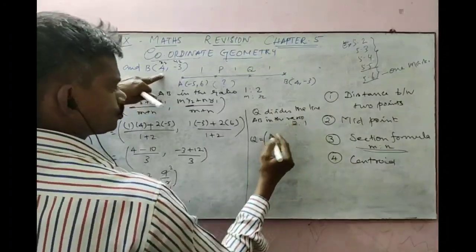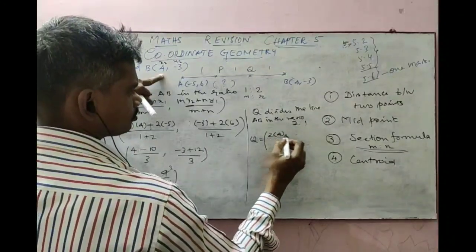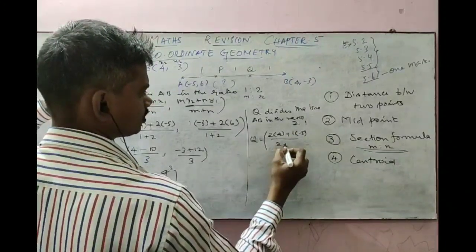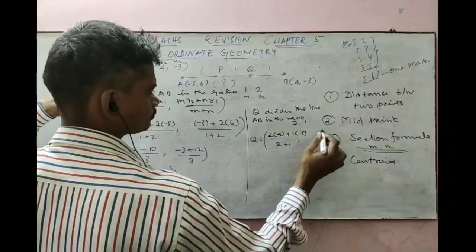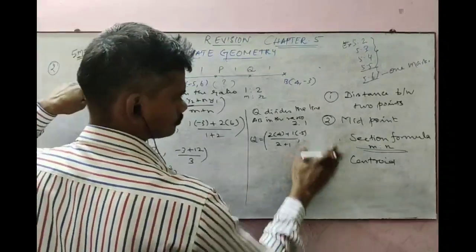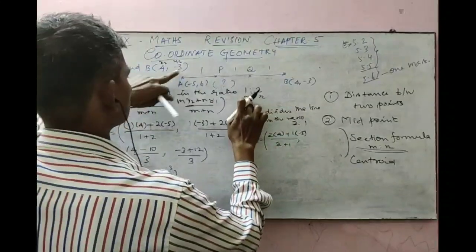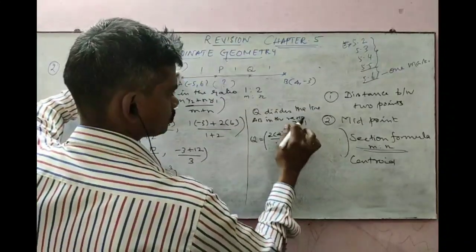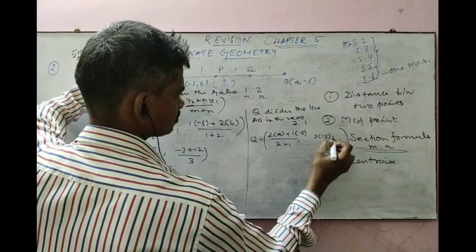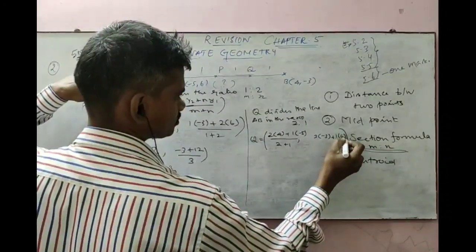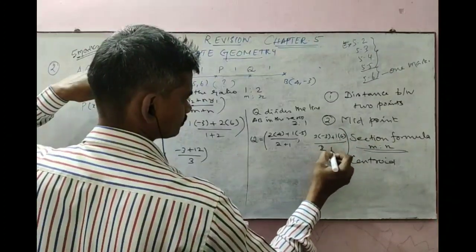So 2 into 4 plus 1 into minus 5 by 2 plus 1, comma, next, 2 into minus 3 plus 1 into 6, 1 into 6 gives 6, by 2 plus 1.